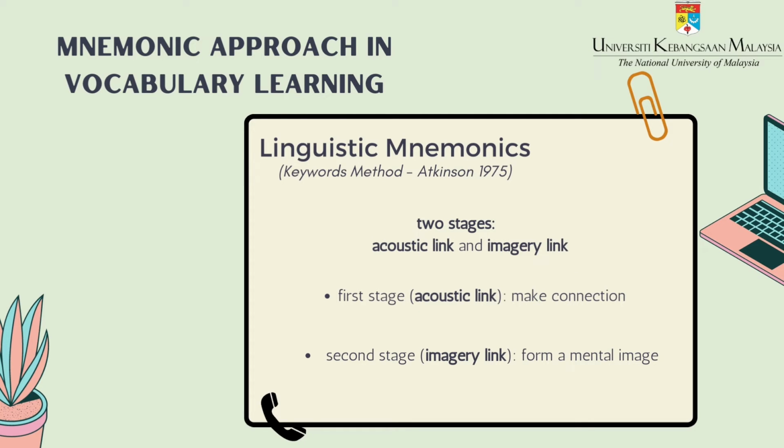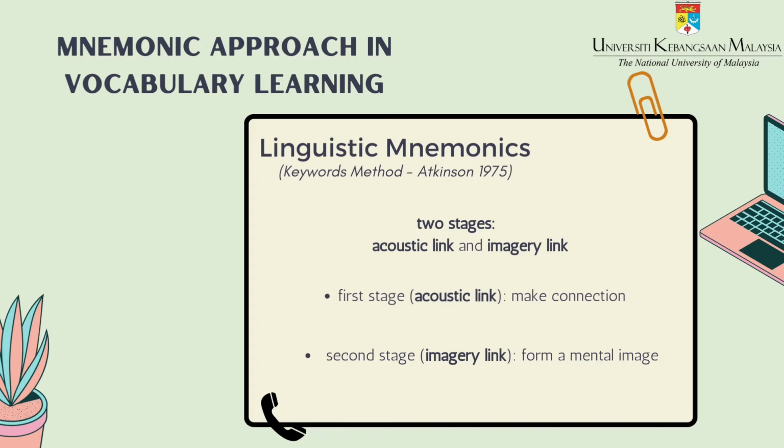The first technique is linguistic mnemonic, the use of the keyword method, introduced by Atkinson in 1975. The mnemonic keyword method divides vocabulary learning into 2 stages, which are the acoustic link and the imagery link. At the early stage, learners need to make a connection between a new word and a familiar word or keyword, which has a similar sound.